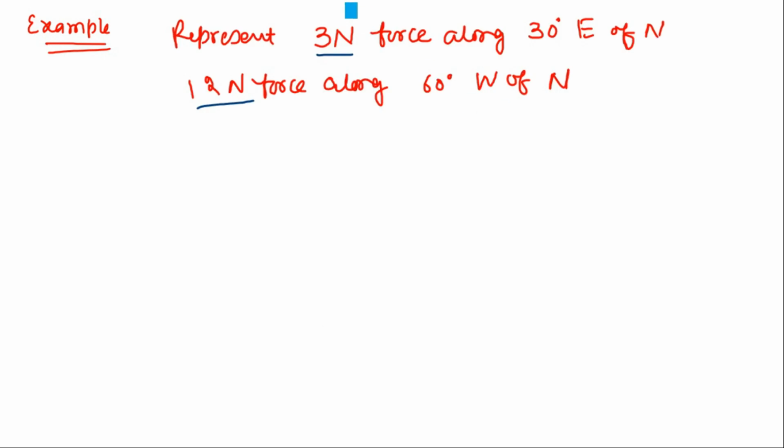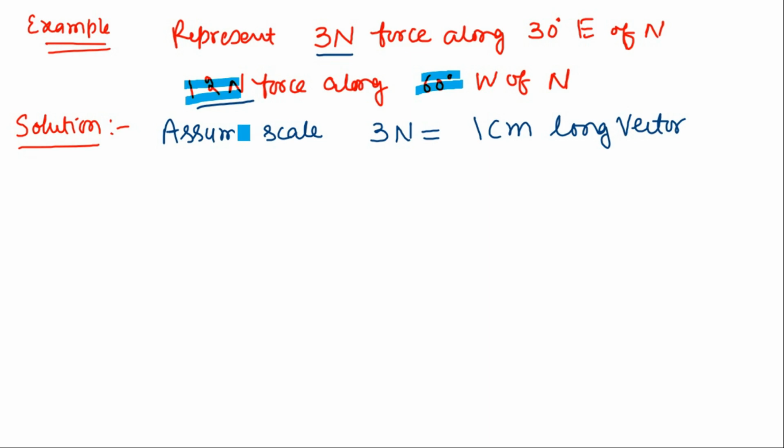Let us take another example now. Here we want to represent a force of 3 Newton magnitude whose direction is 30 degree east of north. Secondly, we want to represent another force of 12 Newton magnitude whose direction is 60 degree west of north. Again, we will assume some scale, and suppose we choose a scale in such a way that 3 Newton force is represented by a 1 centimeter long vector.